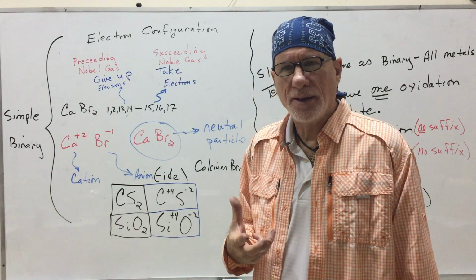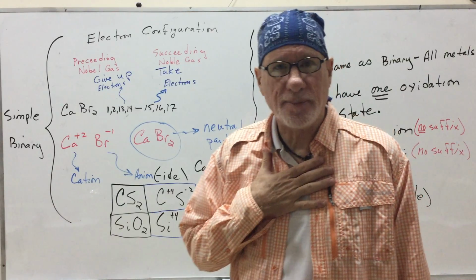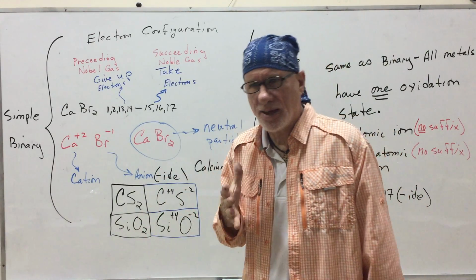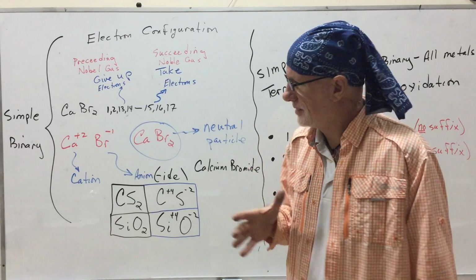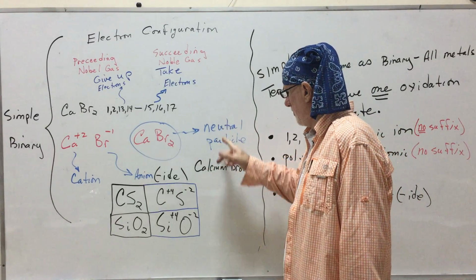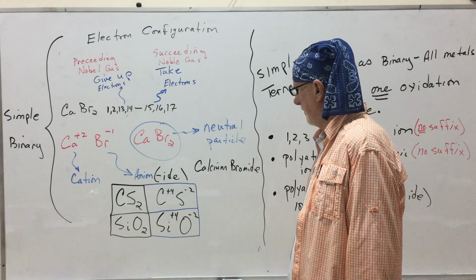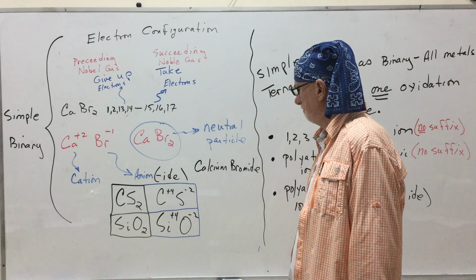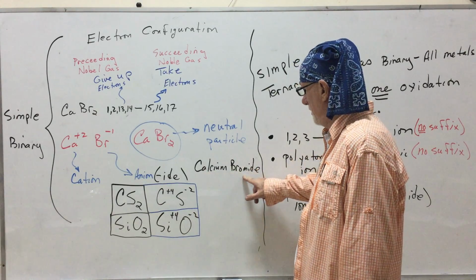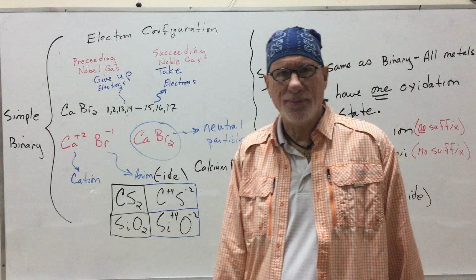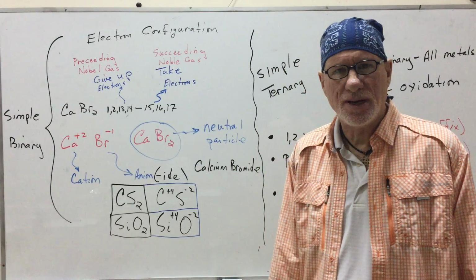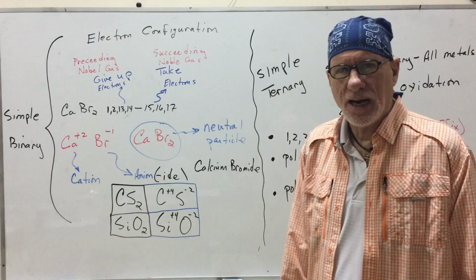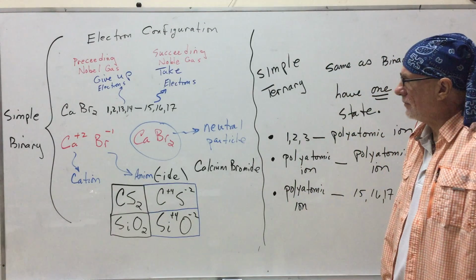Usually covalent bonding, usually ionic bonding to some extent, or very polar covalent. And that's going to be a neutral particle. Calcium bromide, the name of the metal and then the name of the non-metal with the ending IDE.